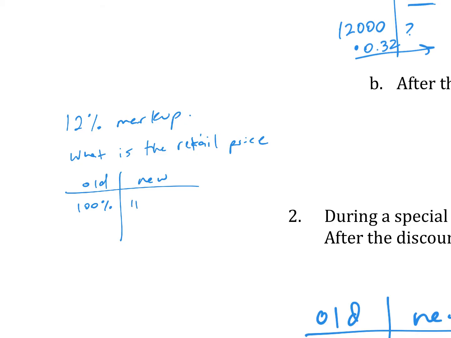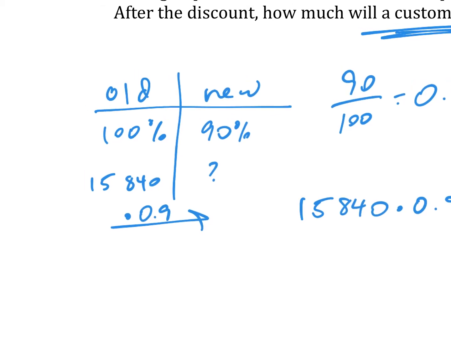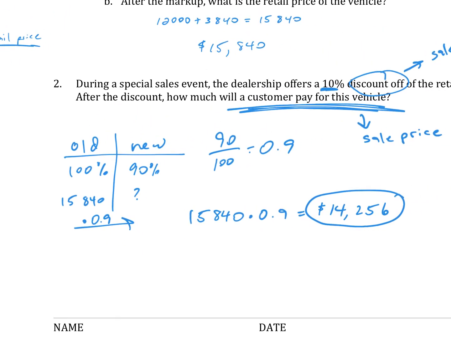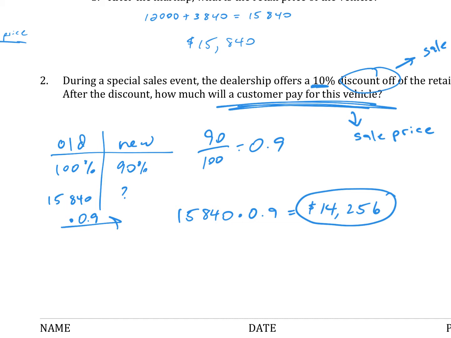I'm going to use 112% because the retail price takes into consideration the original amount. The markup price doesn't take that into consideration. It's just how much are we marking it up. Which is why over here, we weren't trying to figure out how much they were saving. We were trying to figure out how much they were actually going to pay. So if you're saving 10%, you are paying 90%.